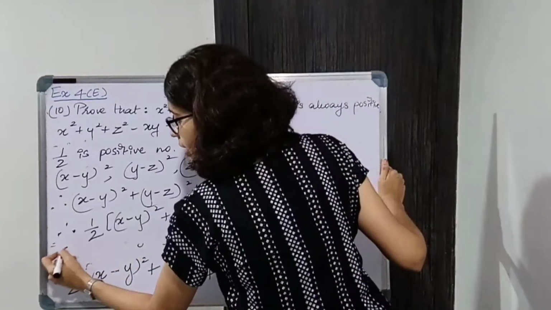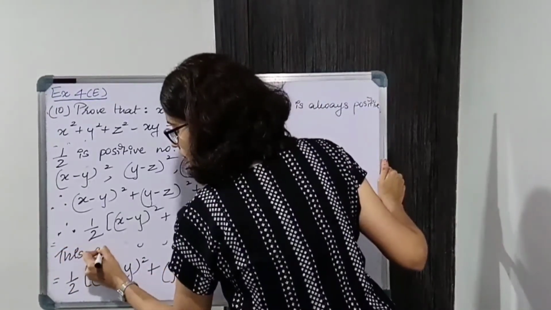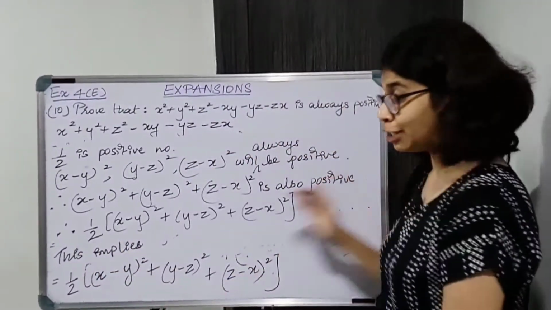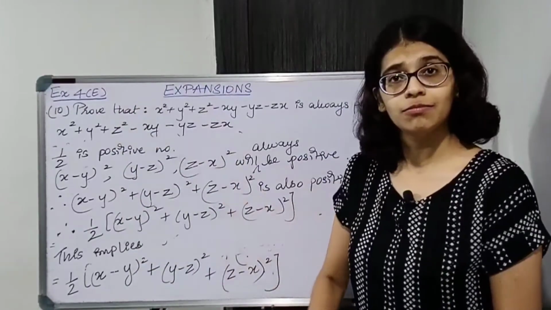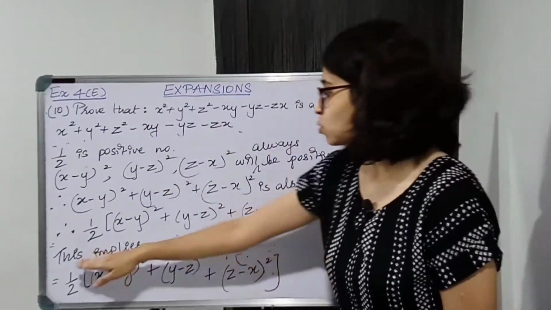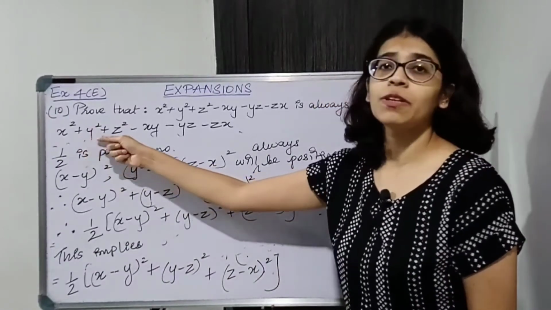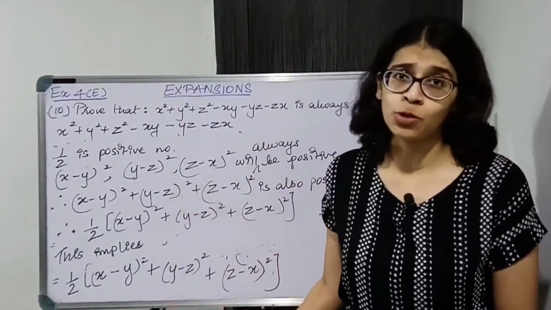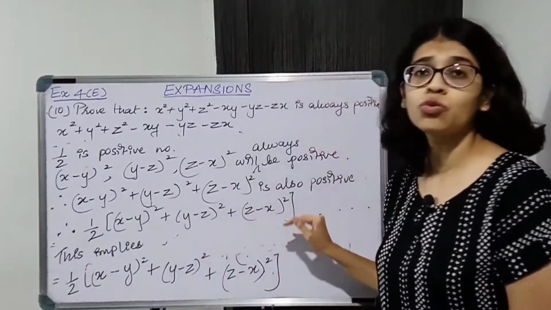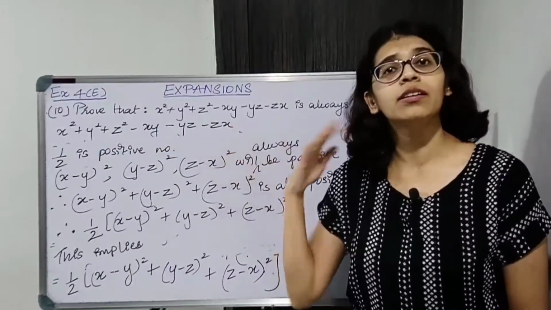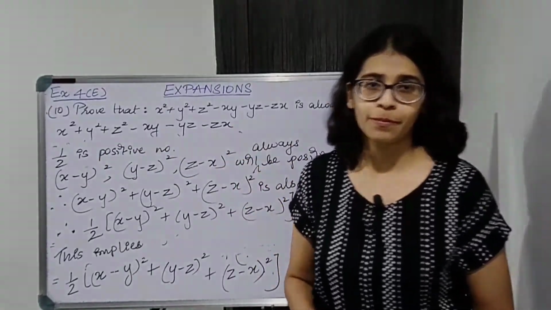This implies, where did this derive from? We derived this from this only. So this means that this is also positive. So this implies that x square plus y square plus z square minus xy minus yz minus zx is always positive. So write this down, students. I'm not writing it down. This implies that this whole thing is always positive.